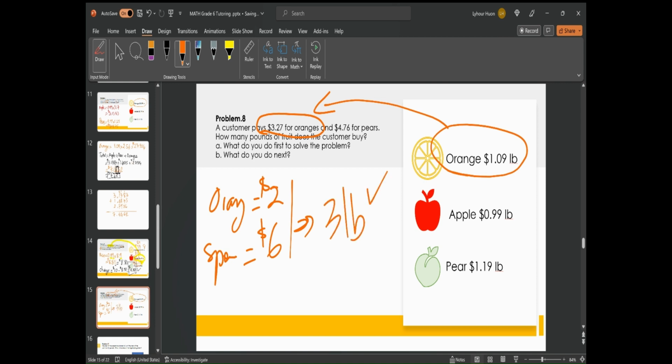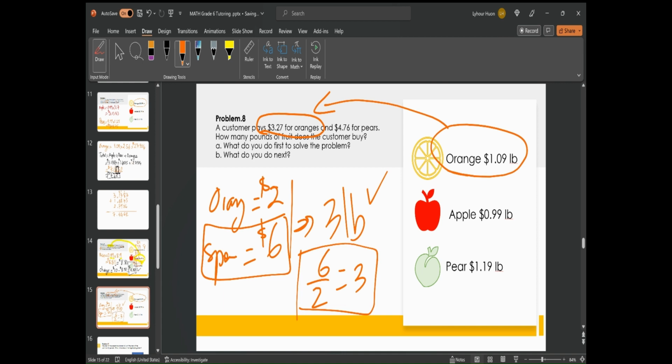That is the correct answer. But how can you find 3 pounds? You divide. You take the money that you have already spent and divide by the price of each pound, right? 6 divided by 2, which is 3.